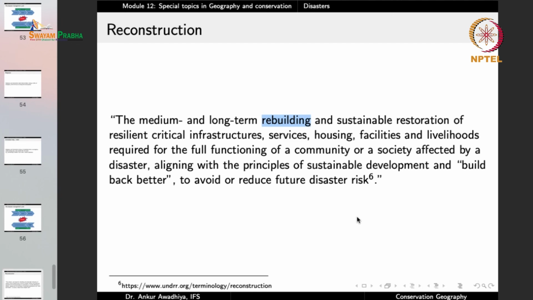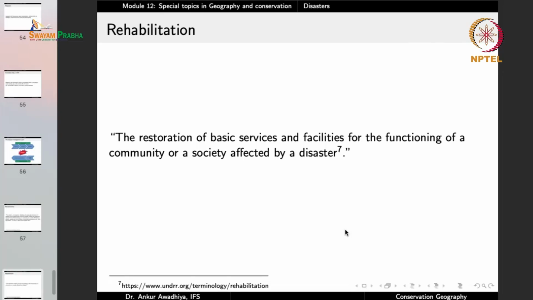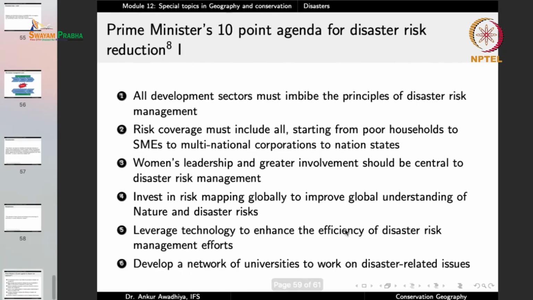So we need to reconstruct things, and we need to rehabilitate the people and the society, which is restoration of basic services and facilities for the functioning of a community or society affected by a disaster. So during the phase of rehabilitation, we are trying to bring the whole society back on its tracks. And in this context, we can look at the Prime Minister's 10-point agenda for disaster risk reduction.